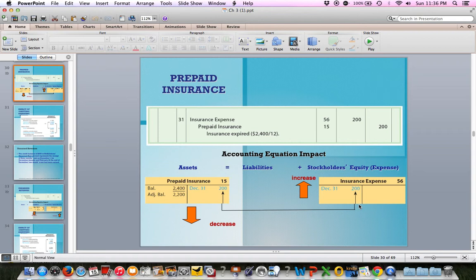Obviously $2,400 divided by 12 is $200 per month. So at the rate of $200 per month, that prepaid asset will turn into expense. And we can make the entry that you see here to debit expense and to credit prepaid insurance, which is the asset. So basically, asset turns into expense.